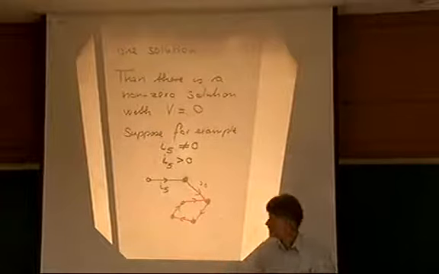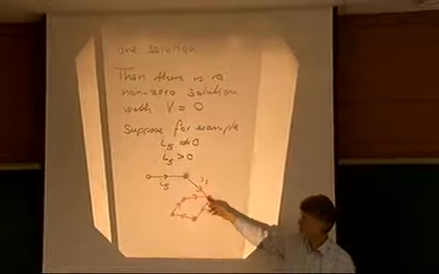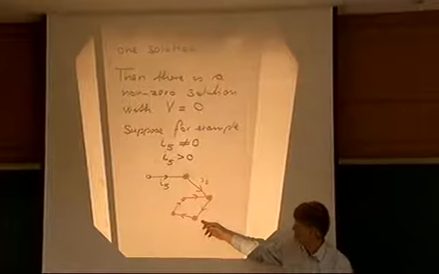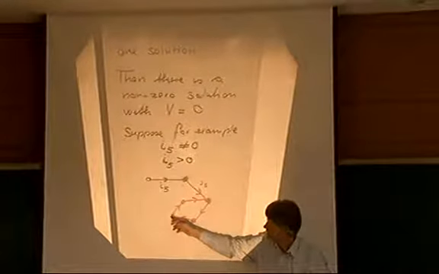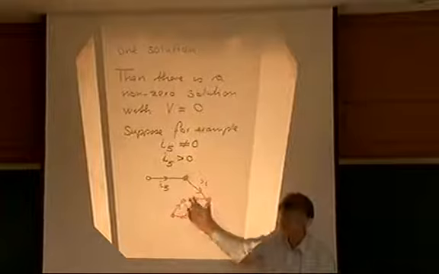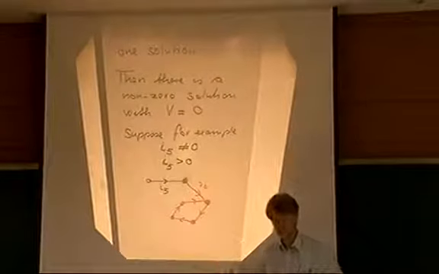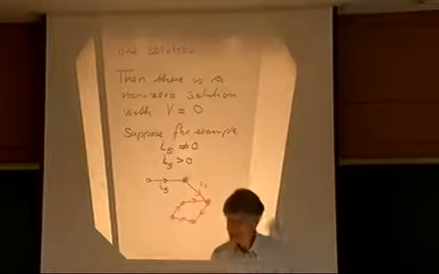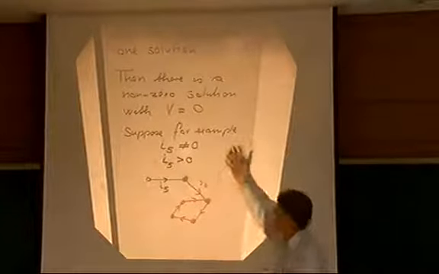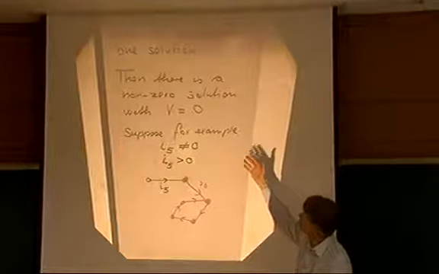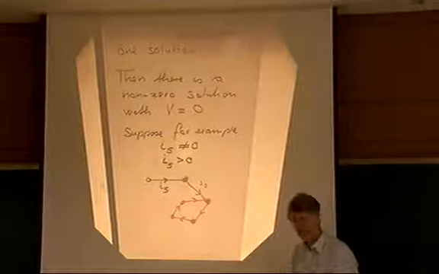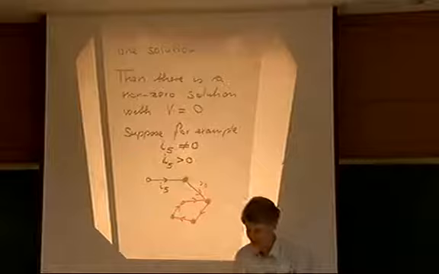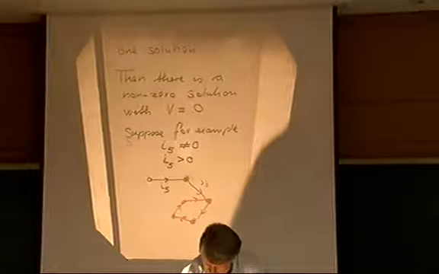I mean this current multiplied with the resistance plus this current multiplied with the resistance plus this multiplied with the resistance plus this multiplied with the resistance, that becomes positive. But it should become zero. And that's a contradiction. So this means that I cannot find two different solutions. There is at most one solution. So that was uniqueness of solution.